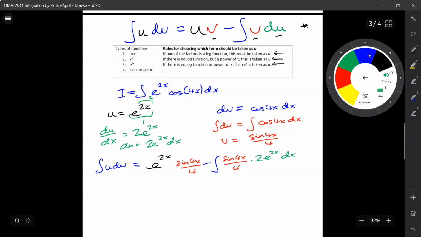I can then just tidy this up, so that's exponential 2x times sine 4x over 4 minus the integral, and I have 2 here divided by 4, so that gives me a half, 1 over 2, which I can take outside. And that gives me exponential 2x, swapping the order of these around, times sine 4x dx.